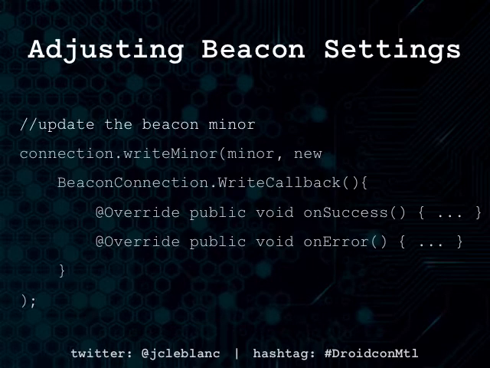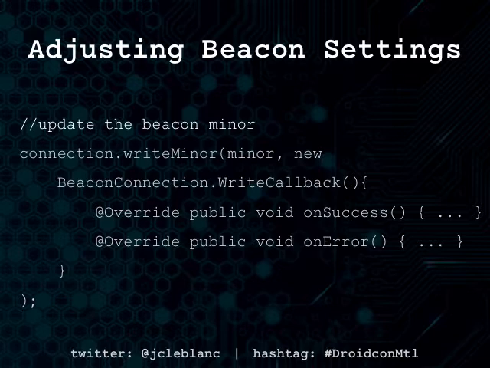Now, adjusting the beacon settings is actually pretty easy. There's a whole series of methods on the beacon connection for manipulating that data. So for instance, writeMinor, there's also a writeMajor, there's one for writeUUID, writeProximityUUID. All of these are available for you to work with.